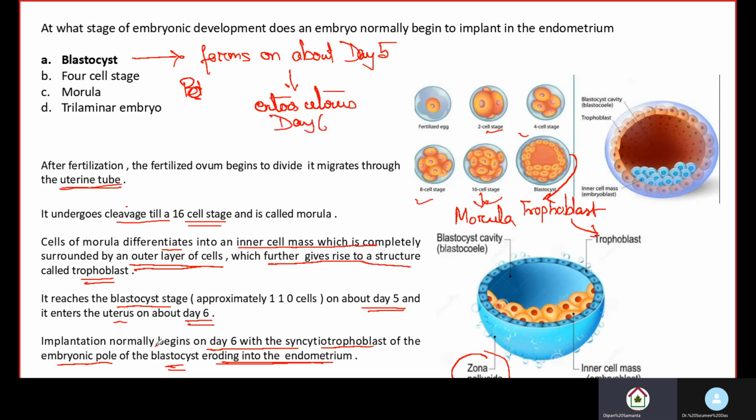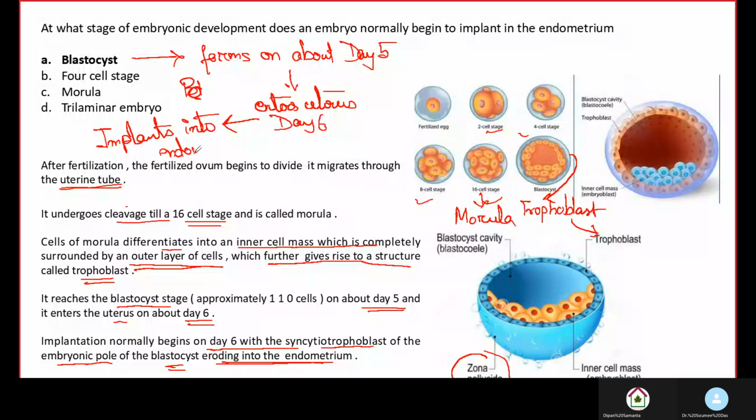Then implantation normally begins on day 6 with the trophoblast of the embryonic pole of the blastocyst eroding into the endometrium. Into which layer?